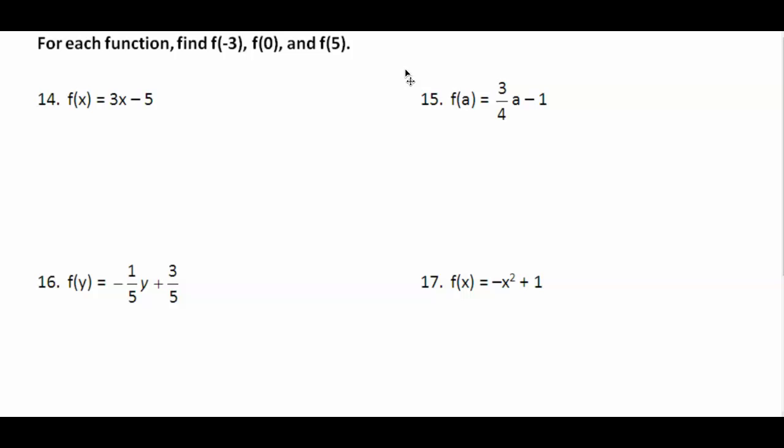Function notation is no different than me asking you to say find x equals -3, or x equals 0, or x equals 5. But now what we're doing is changing the notation. So in 14, it's f of -3 equals 3, replace the x with -3 minus 5, and then simplify.